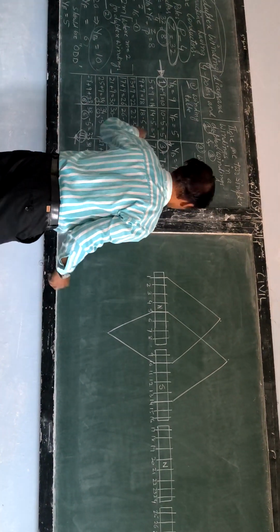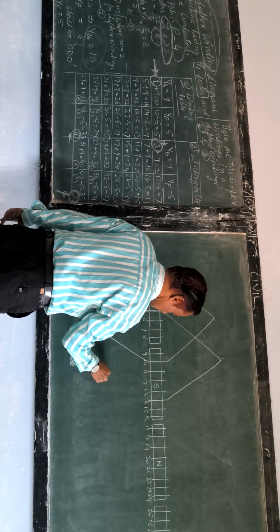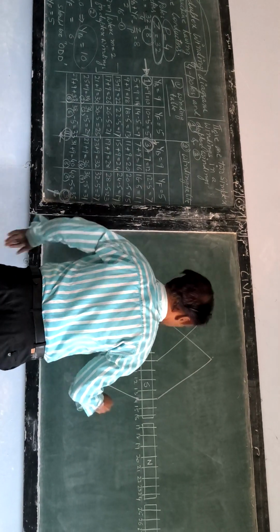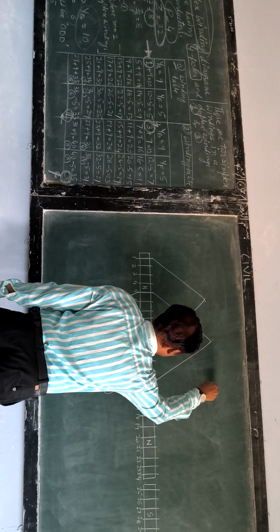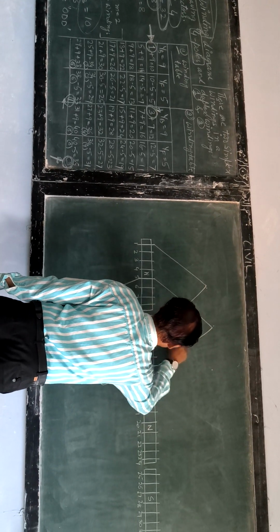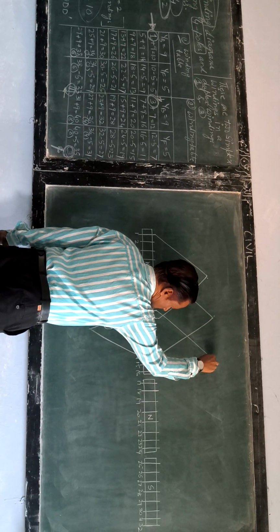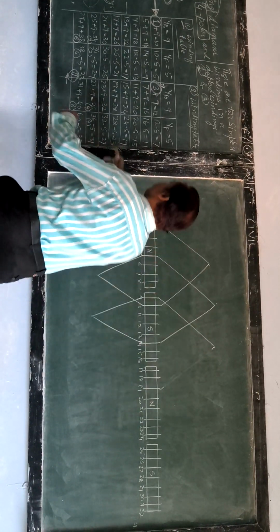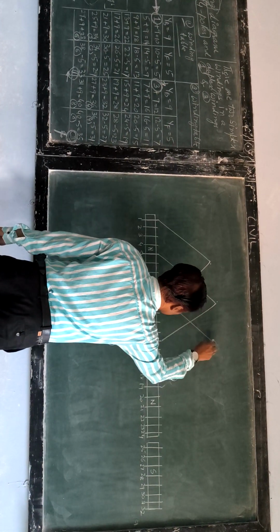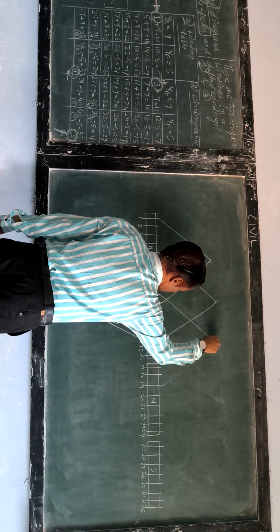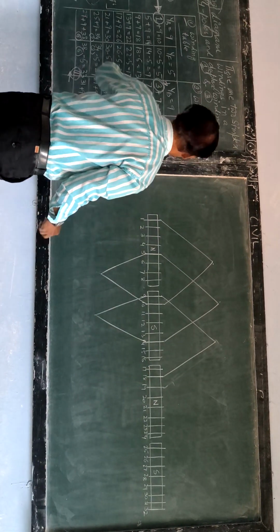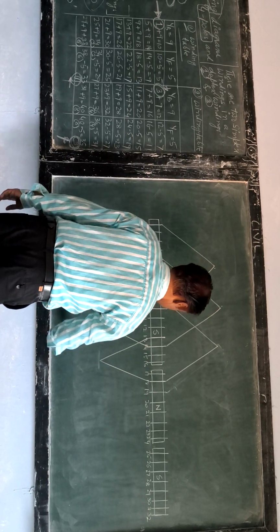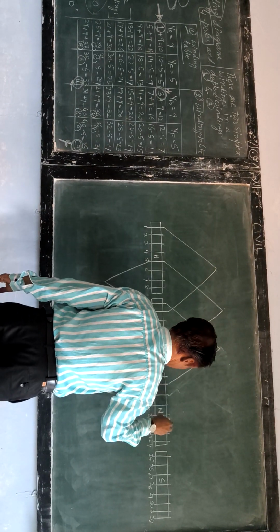From 14 it comes back to 9. 9 to 18. Just see the center. 18 to 30. Then 13 to 22.